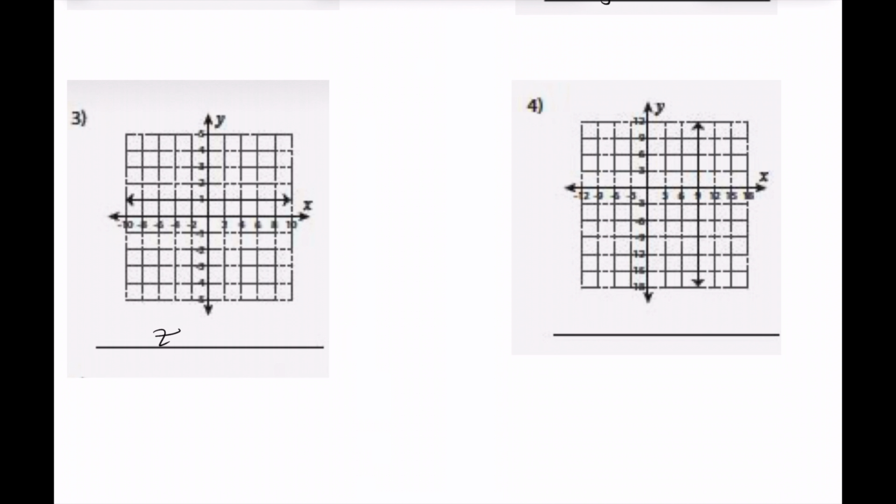And what is the slope of a horizontal line? The slope of a horizontal line is just 0. And now if we look at number 4, we have a vertical line here, and the slope of a vertical line is undefined.